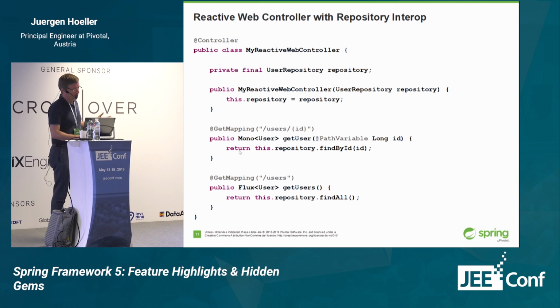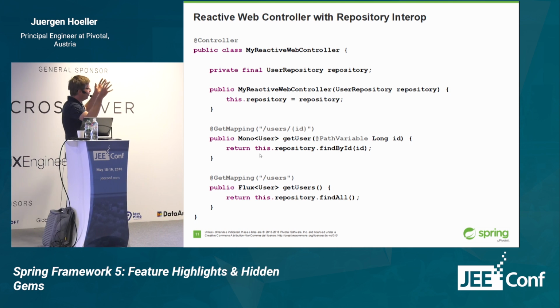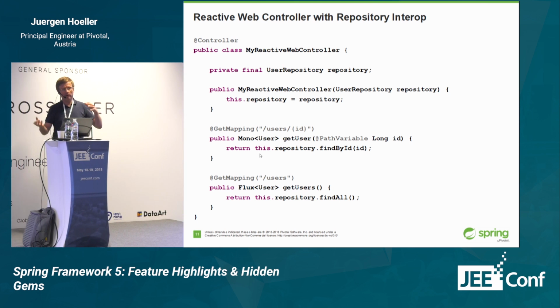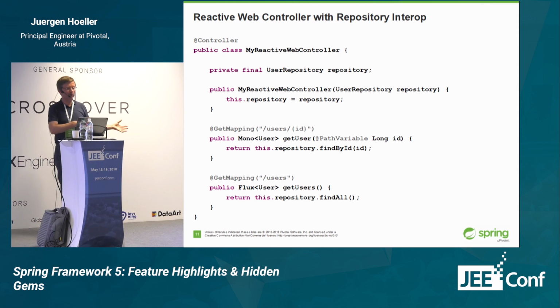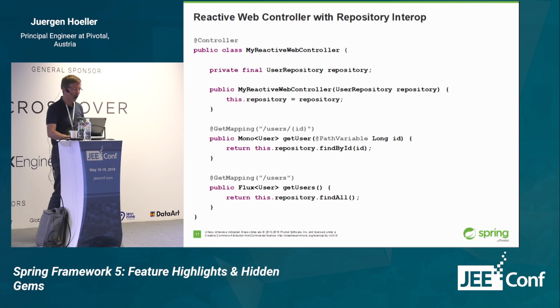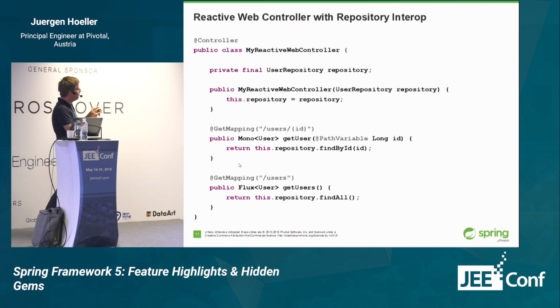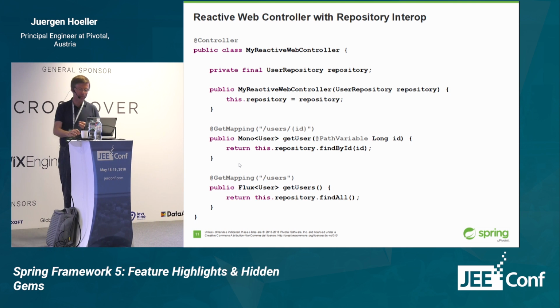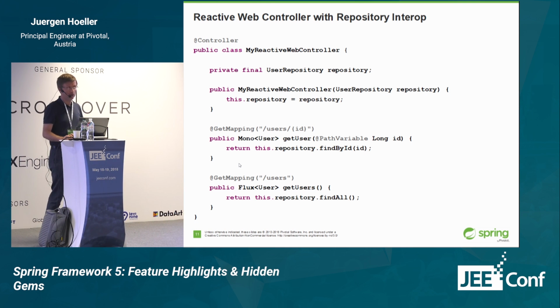If all your endpoints are reactive streams based, then you're better off on an actual Webflux server, like on Netty, with a pure event loop setup. But if you have many endpoints, most of which are traditional servlet endpoints, only some of which are reactive streams enabled, then you can choose to combine them in the same application on a servlet stack. So our reactive support in Spring 5 is actually quite flexible.